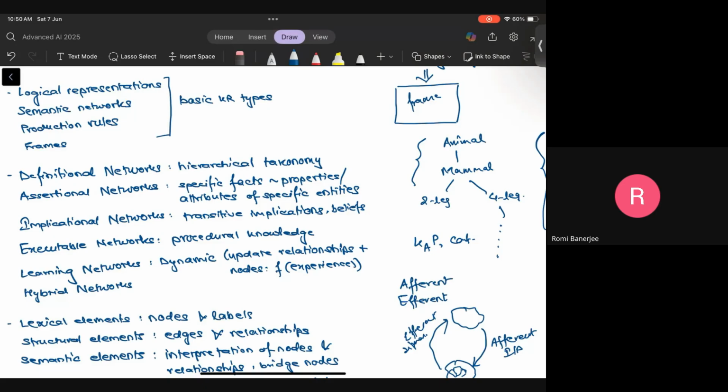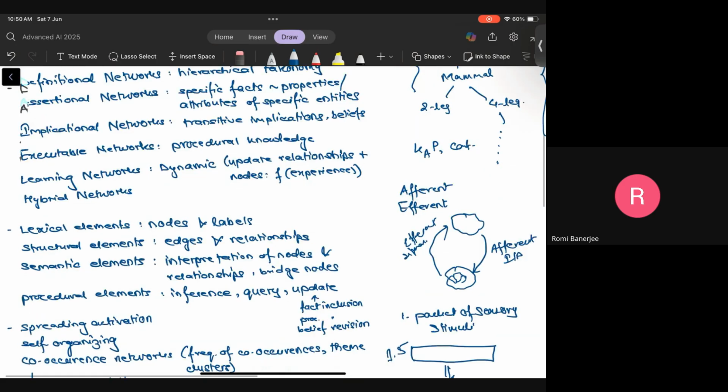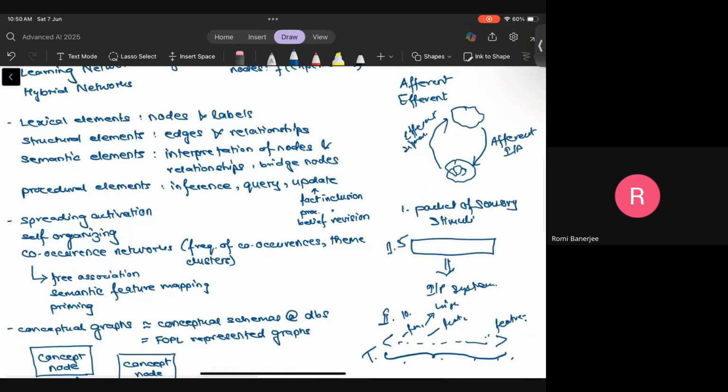What kind of activation function are you going to use? What kind of thresholding are you going to use? If you are working with sensory data, then you have to think about these kinds of thresholds. Then one fact leading to another fact, and then another fact leading to another fact.